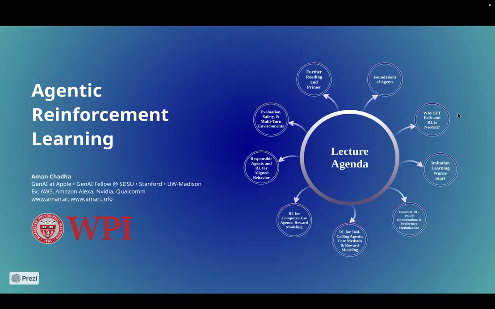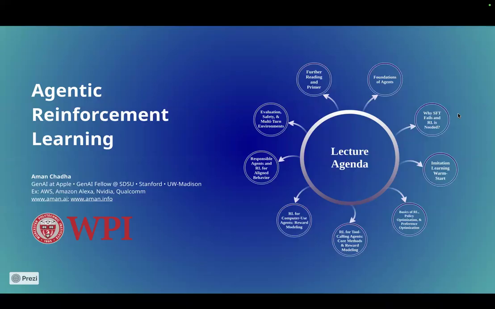So we'll cover imitation learning, and we'll talk about why that is needed, and how does that help create better RL models. So the warm start component of the entire RL process, which involves imitation learning, that's what we're going to cover.